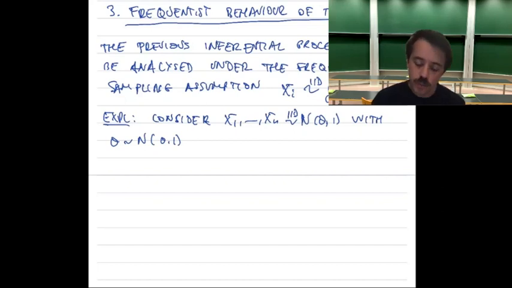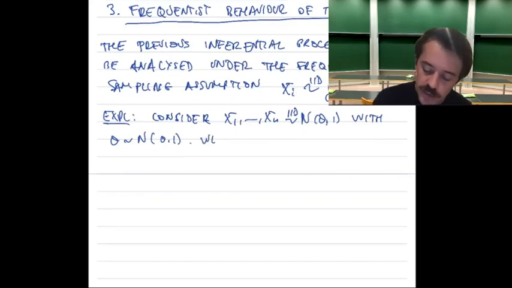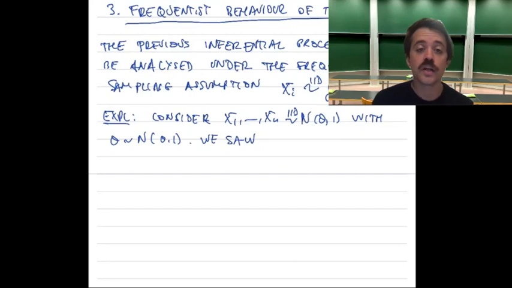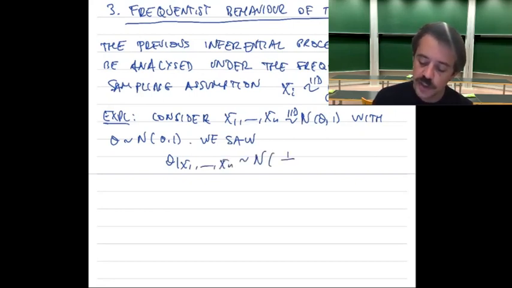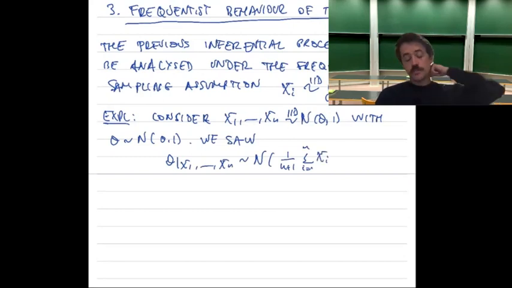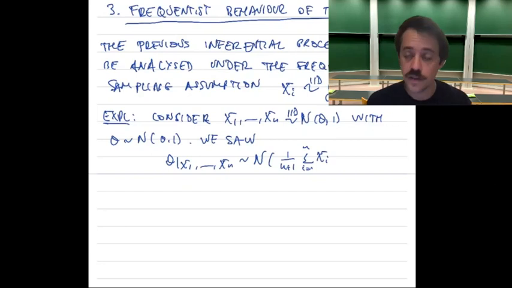Okay, so we saw in the last lecture that the posterior distribution is actually very well understood, and it's simply given by a normal distribution that is centered around the sum divided by n plus 1, rather than n if we were comparing this to the sample mean.